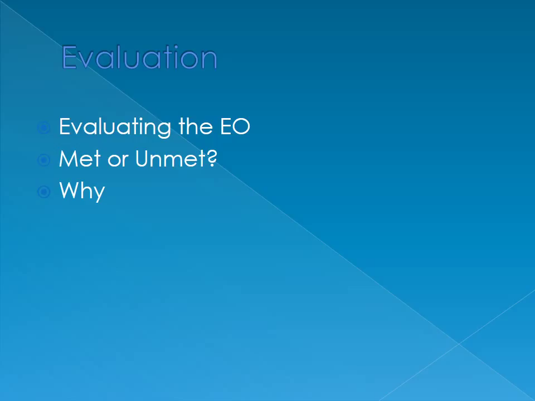And many times what it is, it's unmet and we need more time, or we thought that we could do something and it didn't turn out we could, or whatever. So this is where you have to explain, and then you have to decide whether you need to revise your NIs. Sometimes you have to, but most of the time it's a thing that we just need to wait on.